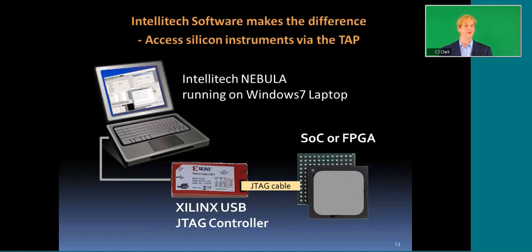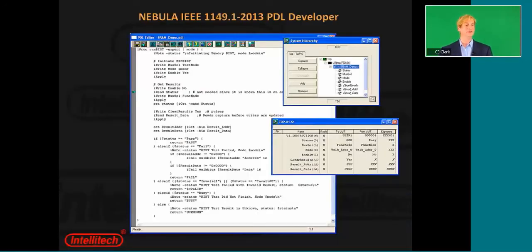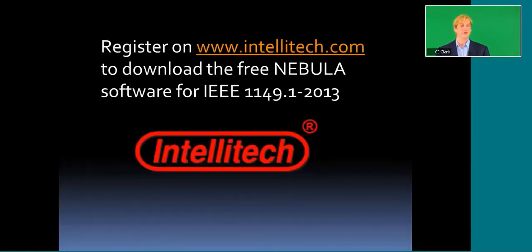One of the products we offer is Nebula software, and it allows us to access these silicon instruments via the TAP. It has a PDL developer, a Procedural Description Language developer, that lets you create the PDL and then validate that PDL such that you know what you're delivering to your customer is compliant. And just one way to get started would be to register on Intellitech's website, and then you can download the free Nebula software. Free is a great way to start.